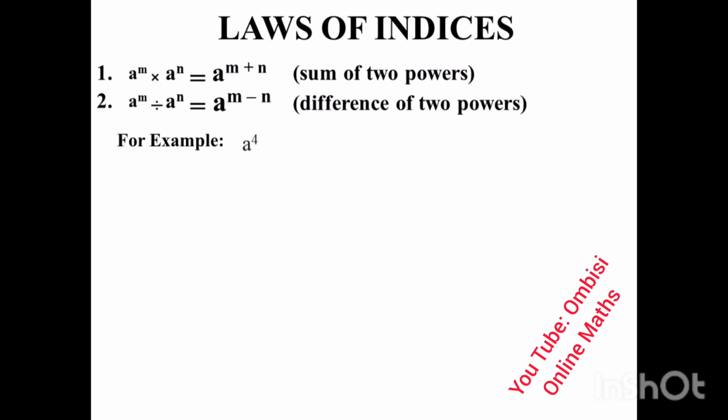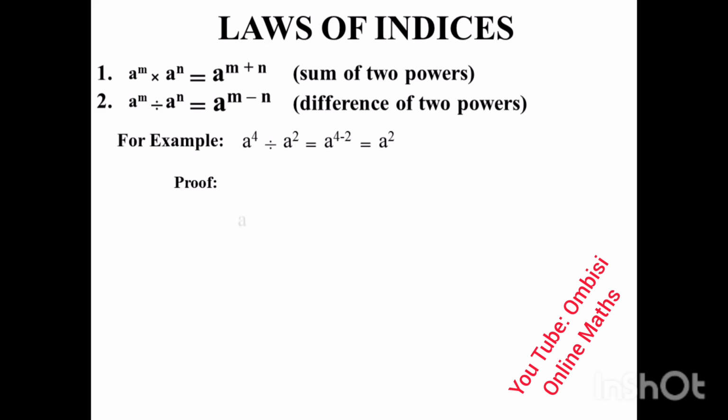For example, if you have a number a raised to 4 and you divide by a raised to 2, this translates to a raised to 4 minus 2, which translates to a squared, because 4 minus 2 is 2. So that brings us to a raised to the power of 2.